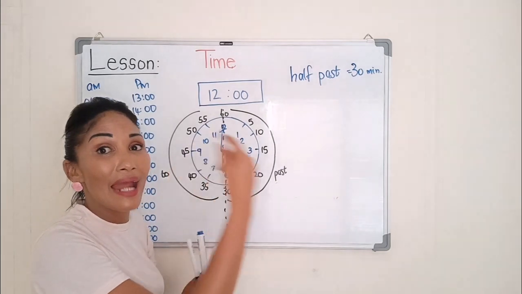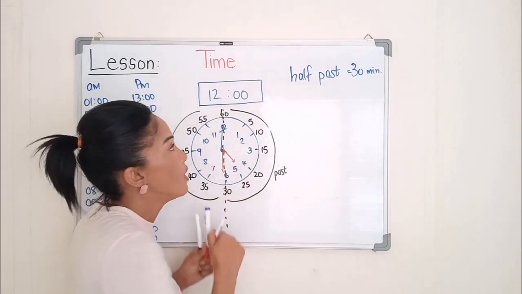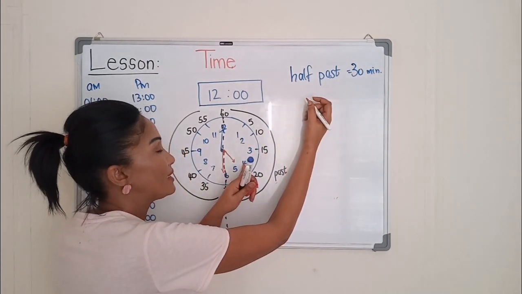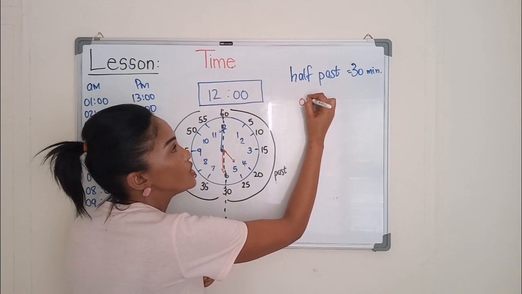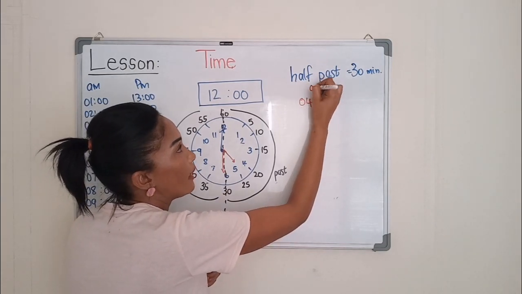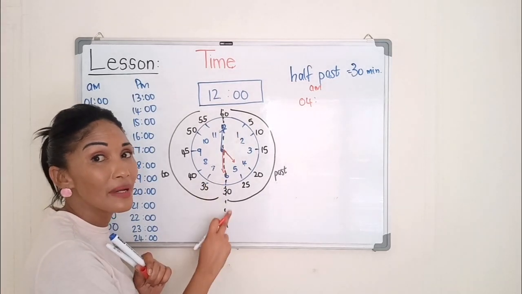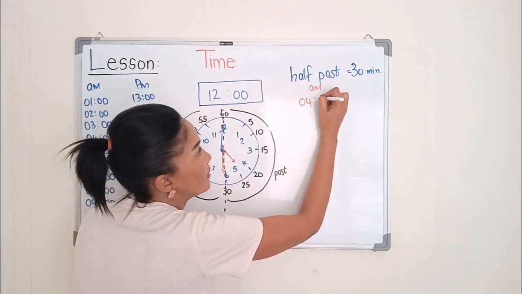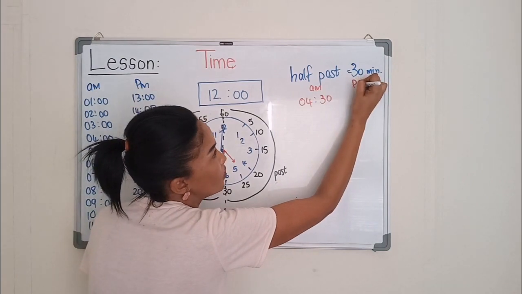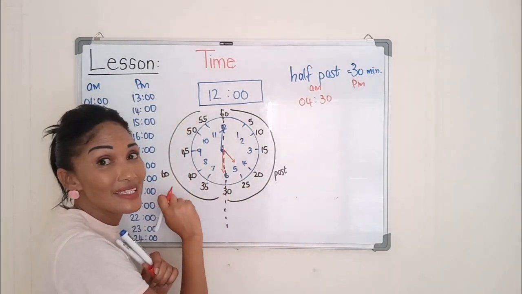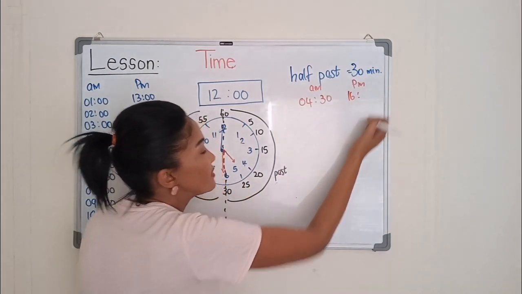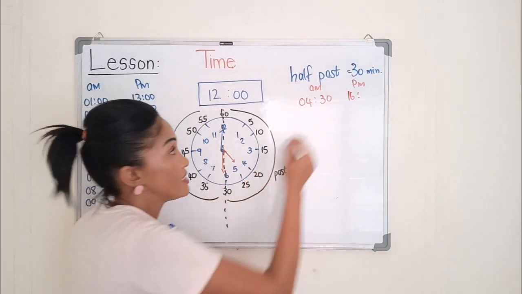When we need to write it down in AM and in PM, we will do the following. We will write down our hour, which is 04 for AM, and the minutes, it's on the 6, the minutes will be 30. For PM, the 4 is 16 and the minutes is 30.